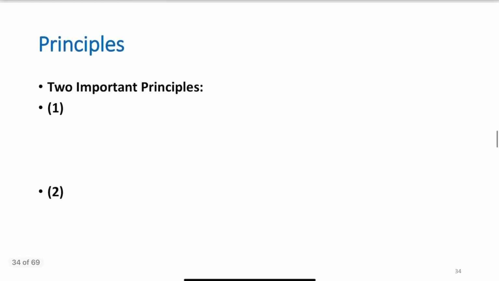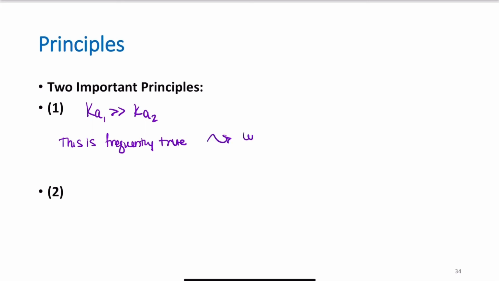Two important principles that we note from here. Ka1 is much larger than Ka2. This is frequently true. What's always true is that Ka1 is bigger than Ka2.